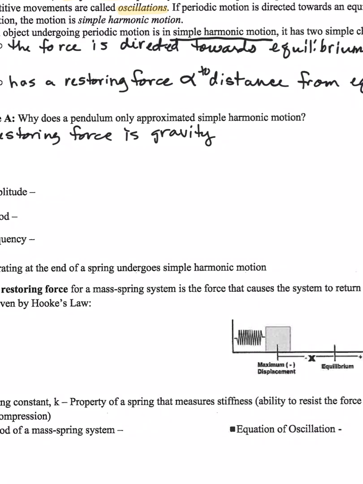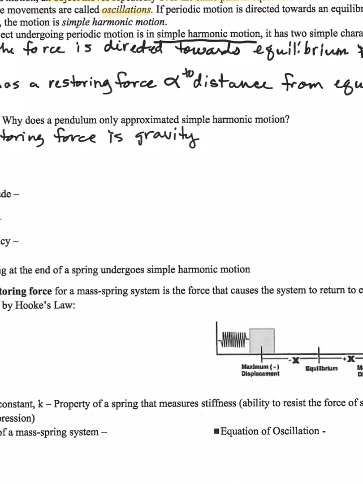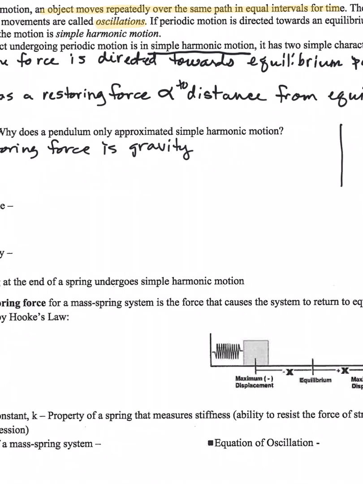Downward. So it is not acting towards equilibrium. Your restoring force, which is gravity, is only acting downward. So the problem is equilibrium is this way. Do you see why it doesn't act exactly as a perfect simple harmonic oscillator?